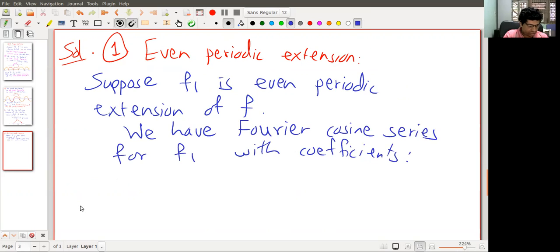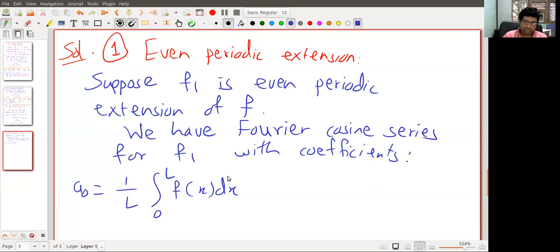given by a0. A0 is equal to 1 upon L integral from 0 to L f1 of x dx. But we know that in the interval 0 to L, f1 is same as f. So we may write f of x dx.